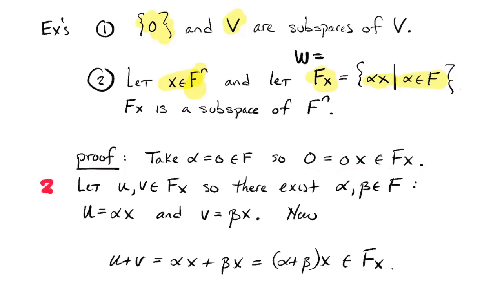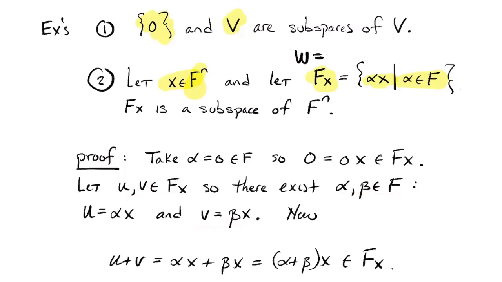To check criteria 2, pick two elements of the set. This is how every one of these proofs is going to go. Let u and v, as I'm calling them in this proof, be two arbitrary elements of the subset in question. Now in this particular case, what does that subset mean? If I pick u and v in it, it means there have to be some scalars so that u is equal to alpha times x and v is equal to beta times x, because that's the definition of this set.